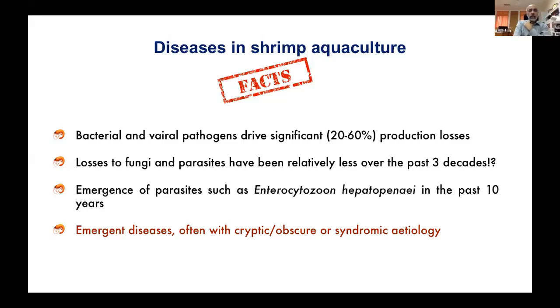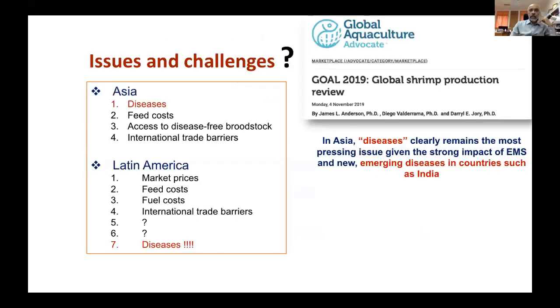These are all emerging diseases, often with cryptic or obscure or syndromic etiology, because it is a complex etiology that leads to slow growth and slow mortality. Diseases clearly remain the most pressing issue globally, except maybe in Latin America, where surveys considered diseases almost a seventh category problem.